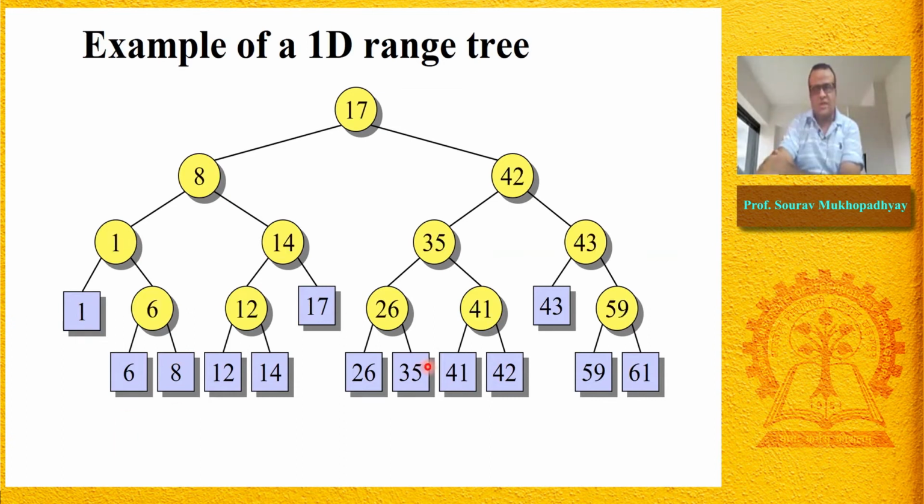Similarly here also we put the maximum value in the left subtree, which is 26. Then this is 41, and here we put the maximum value in the left subtree, that is 35. So this is 41 like this. The maximum value here is 17, so we put 17 over here.